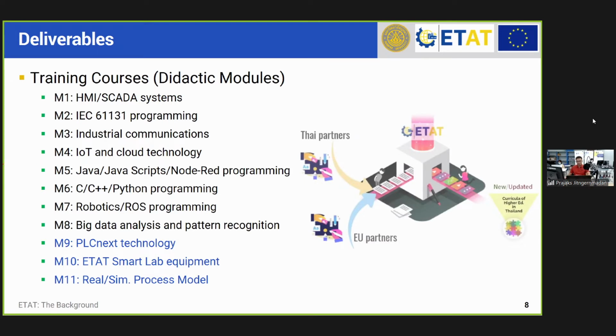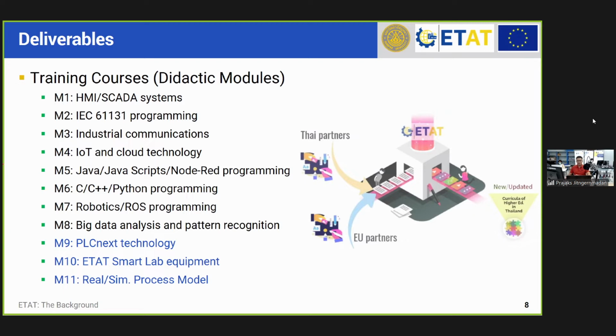So we have to develop the so-called didactic modules, which are part of the training courses. In this project, we have altogether 11 modules.